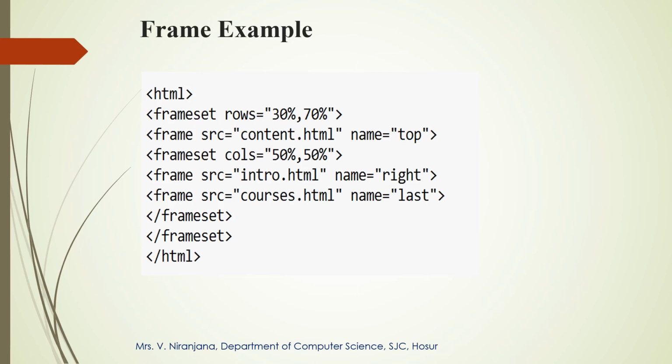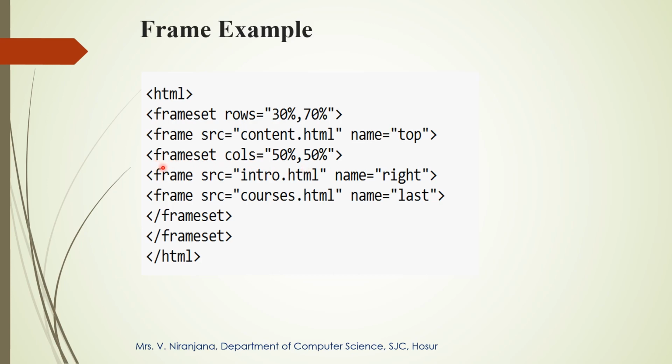Now we can see an example for frames. So here we have divided the frame into two rows. The first row contains 30% and second row contains 70%. Now in the first row we have inserted the content.html page. The name of that frame will be top. And again the second row we are going to divide into two columns.